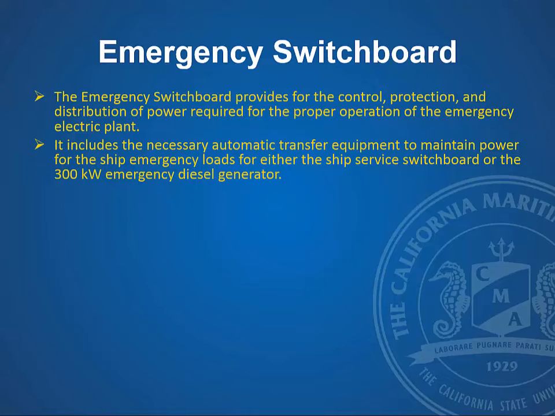But the emergency diesel generator is asynchronous. In other words, its governor is set up to maintain always a certain RPM, and in the case of the majority of American vessels, the emergency diesel generator cannot be placed in parallel with one of the main generators. And that is a definite limitation.